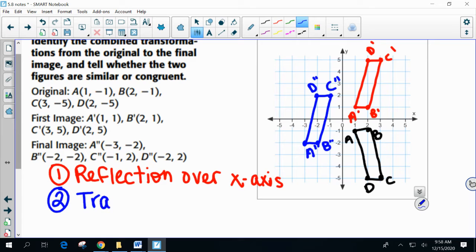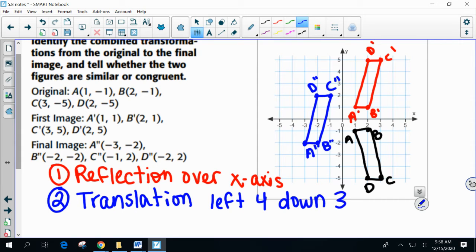So translation, and figure out how much it had to move in what direction. Left 4 and down 3. Okay, left 4, down 3. And also we have determined that these are congruent.